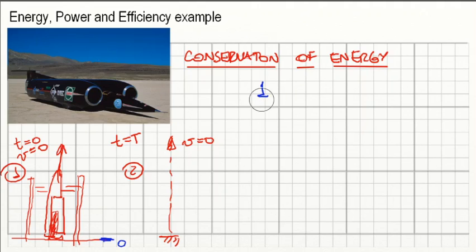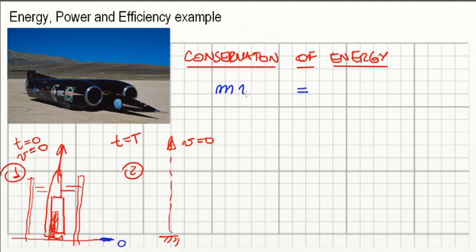So from point 1 to point 2, we know that all energy which was chemical will be converted into our gravitational potential energy. However, we didn't know the kinetic energy which was associated with that chemical energy. Remember, that chemical energy was burned, and we know the velocity, right?